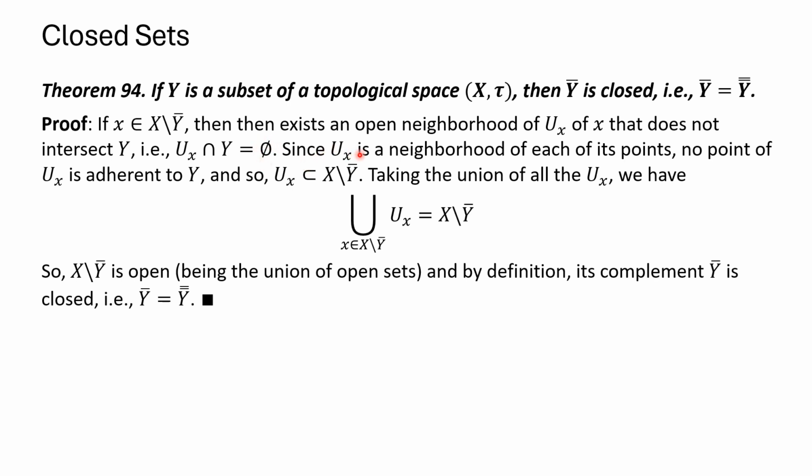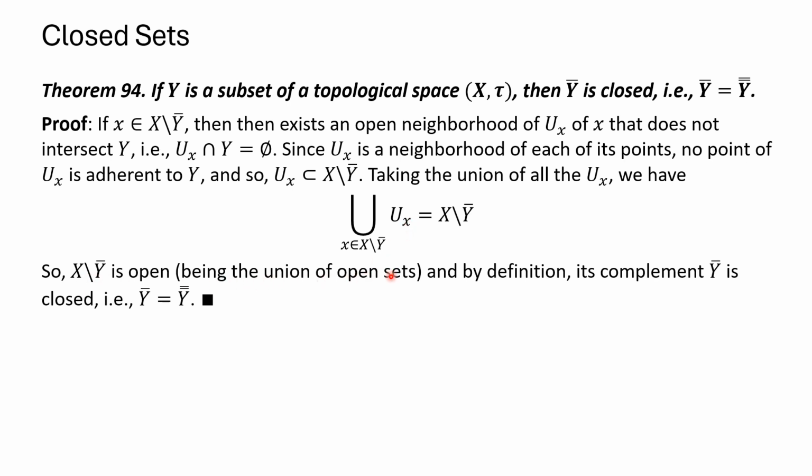And since U sub x is a neighborhood of each of its points, no point of U sub x is adherent to Y. So that means U sub x is a subset of the complement of the closure of Y. And then we take the union of all the U sub x sets, and that would equal the entire complement of the closure of Y. So the complement of the closure of Y is open, being the union of open sets.